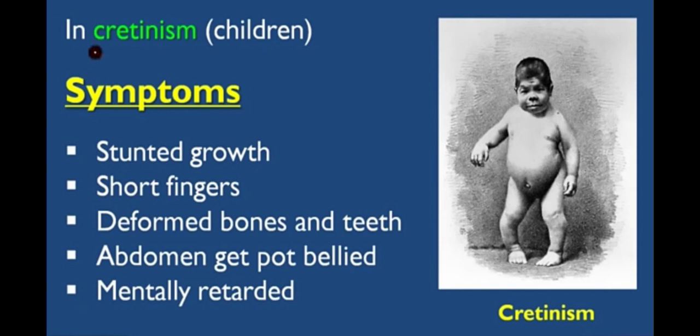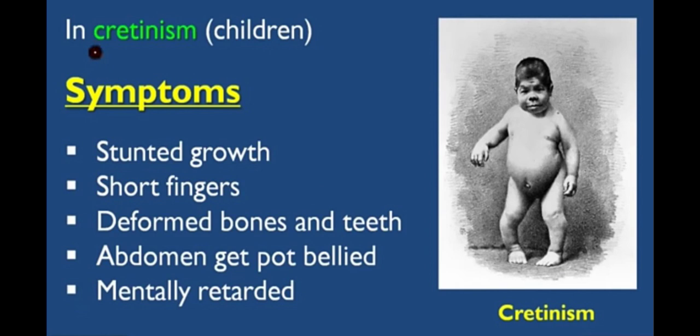If there is stunted growth, short fingers, deformed bones and teeth, and the abdomen becomes pot bellied, and the child is mentally retarded, then we can say that the child is suffering from cretinism.